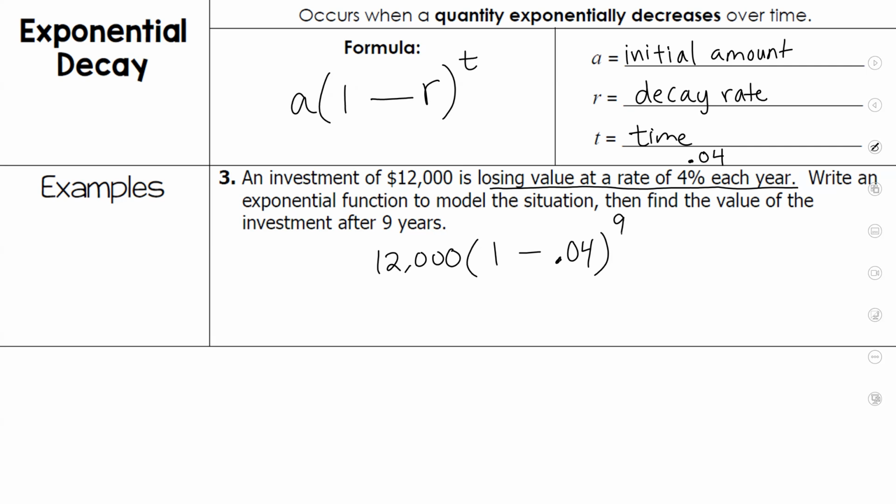This is what you will type into your calculator. You can also simplify this as 1 minus 0.04 is 0.96. All right, so guys, if you type that into your calculator, how much money do we have now? Yes, $8,310.41. They lost money.